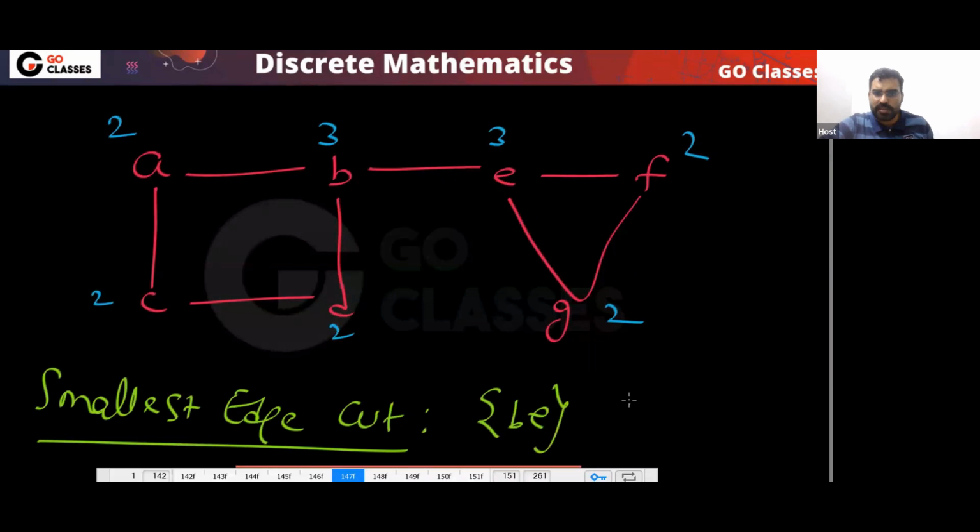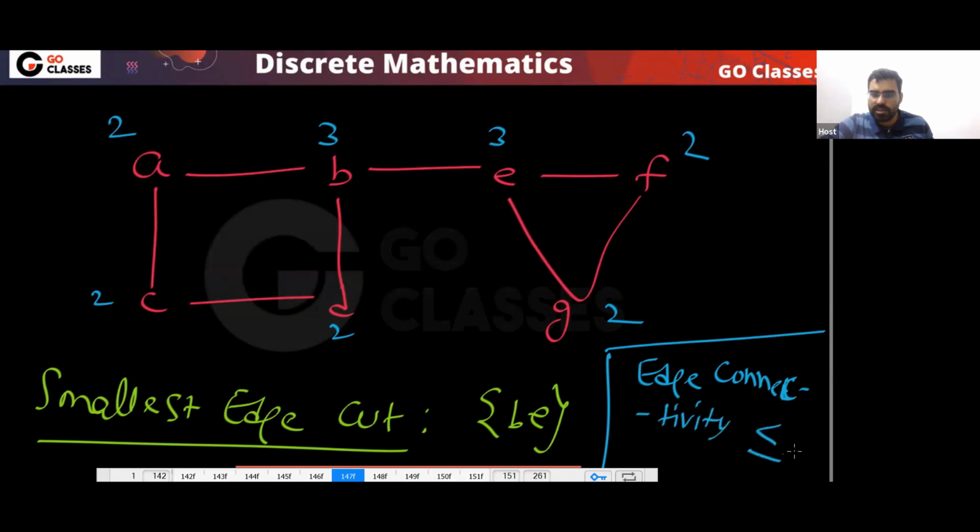So the size of the smallest edge cut is called edge connectivity, and it is less than or equal to the minimum degree.